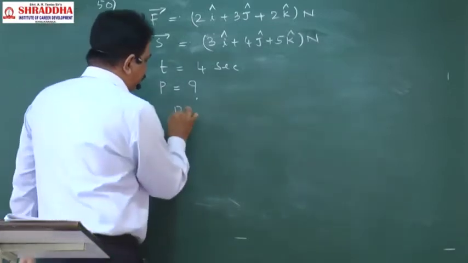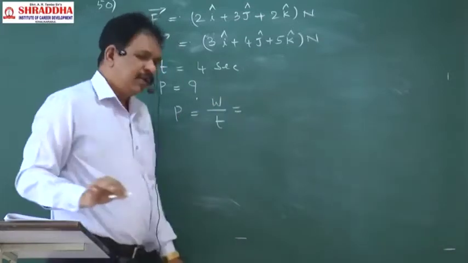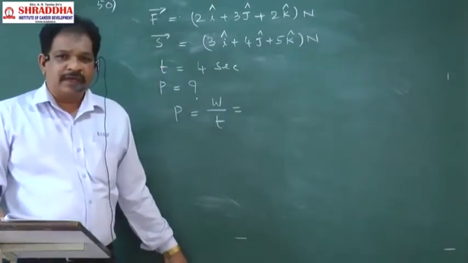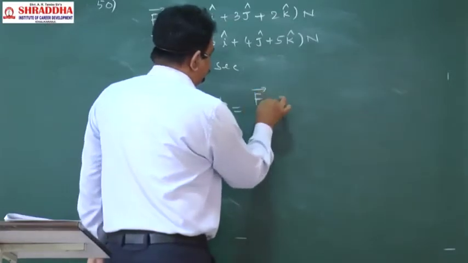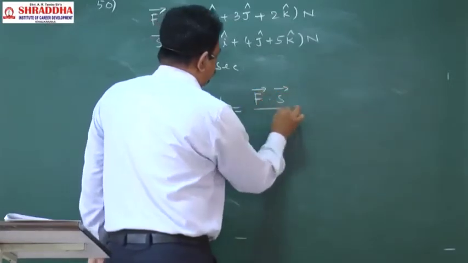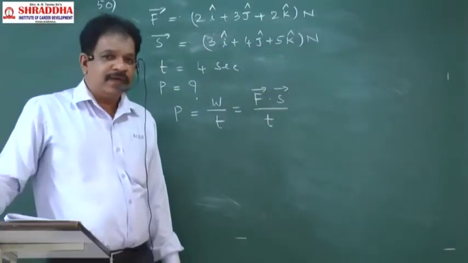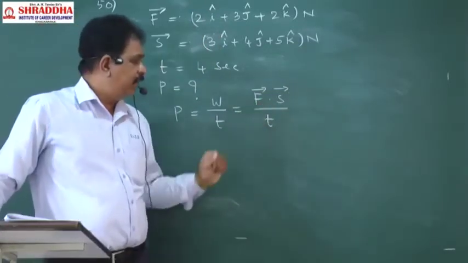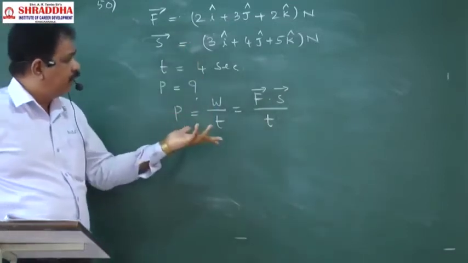Power formula will be work by time. Power is equal to work by time. So this value will be F bar dot S bar by T. F bar given, S bar given, we can find power.